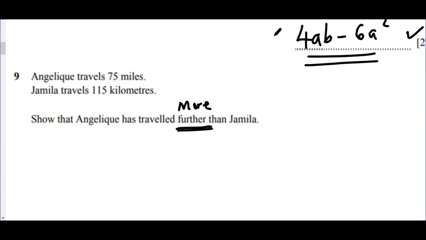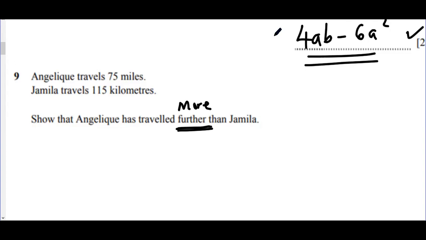Because without that, we can't show that Angelique has traveled further than Jamila. Raise up your hands if you have seen how to convert miles into kilometers.